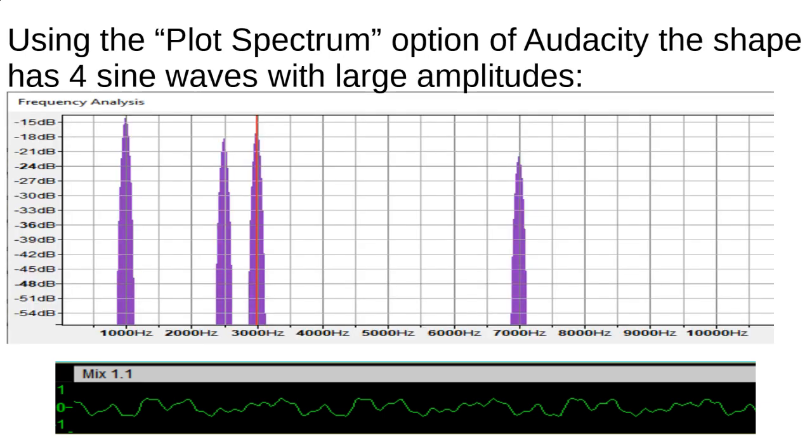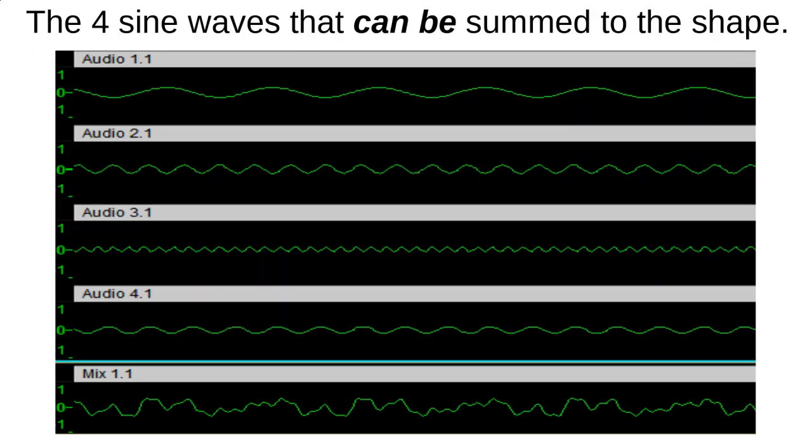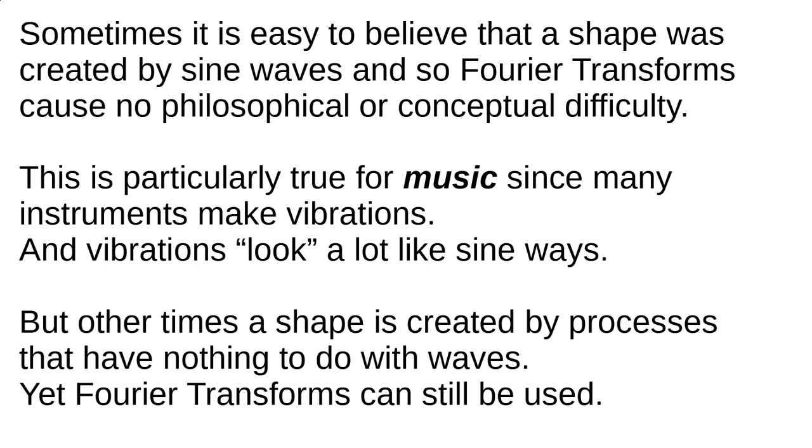Using the plot spectrum option of Audacity, the shape has 4 sine waves with large amplitudes. The 4 sine waves that can be summed to the shape. Sometimes it is easy to believe that a shape was created by sine waves, and so Fourier transforms cause no philosophical or conceptual difficulty.